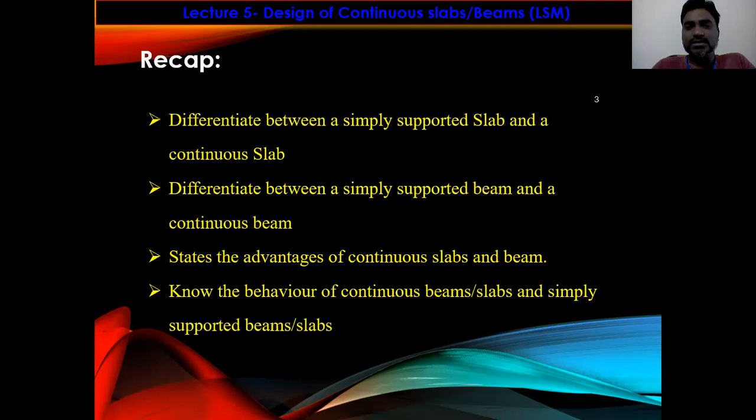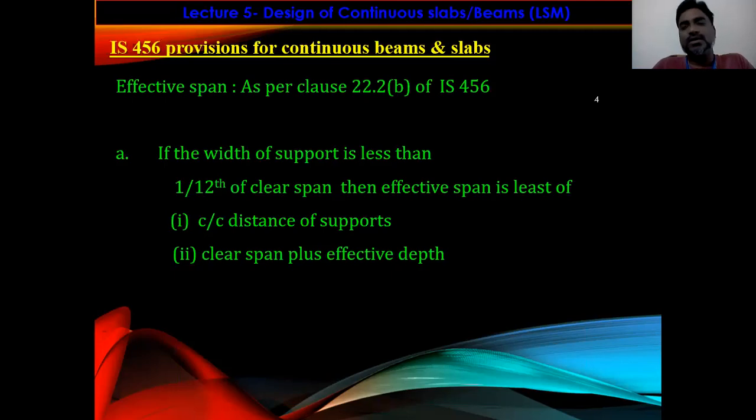And one more thing is the thickness of continuous beams and slabs is higher than that of simply supported beams and slabs. We also discussed how continuous beams behave under the application of loads, that is, the deflection and bending moment diagrams of simply supported beams as well as continuous beams and slabs. Today we are going to discuss the IS 456-2000 codal provisions in continuous beams and slabs.